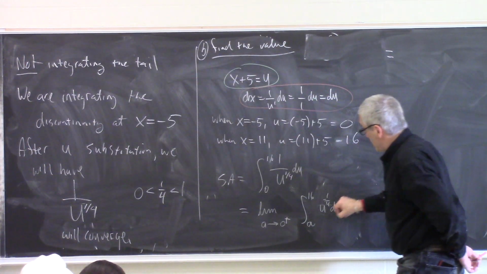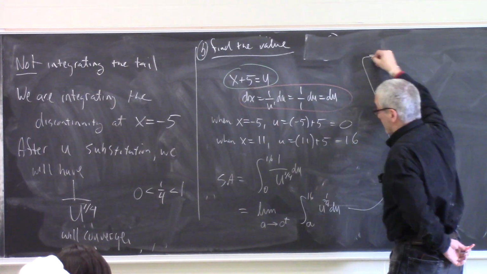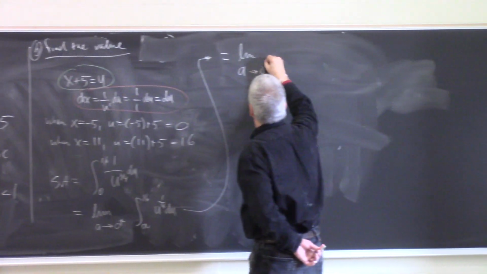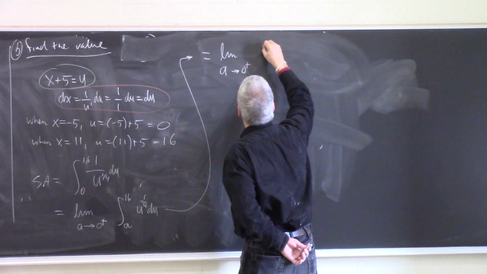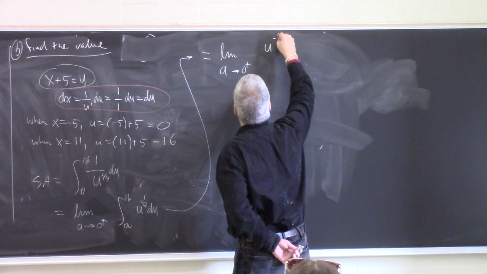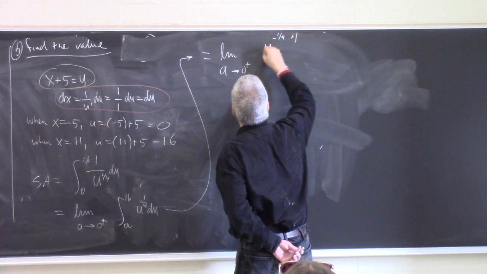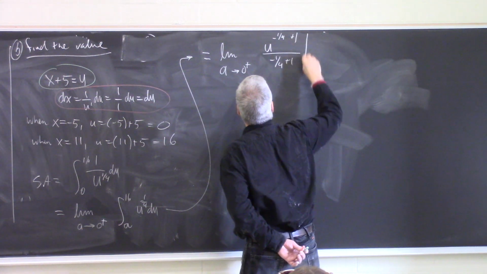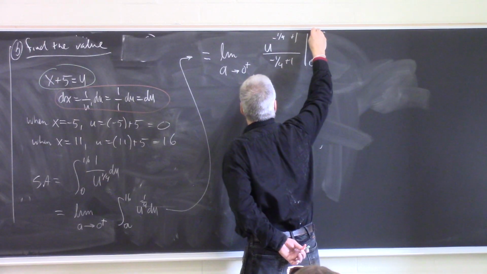So that's going to be the limit as a approaches 0 from the right of u to the minus 1/4 plus 1 over minus 1/4 plus 1, evaluated from a to 16.